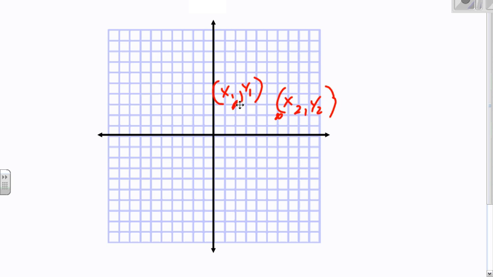But that's because you're allowed to do diagonals. In taxicab geometry, you can't do diagonals, so you're looking at your distance along the x-axis and your distance along the y-axis, and you add those together.